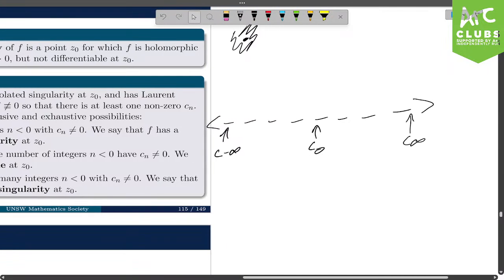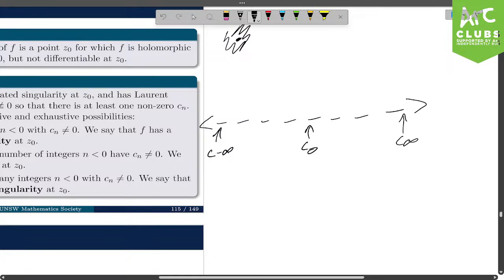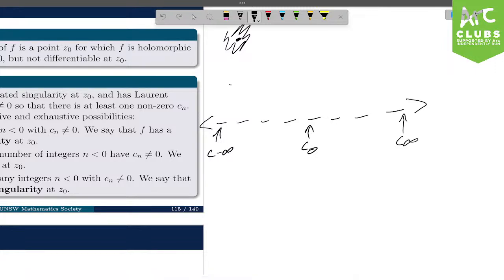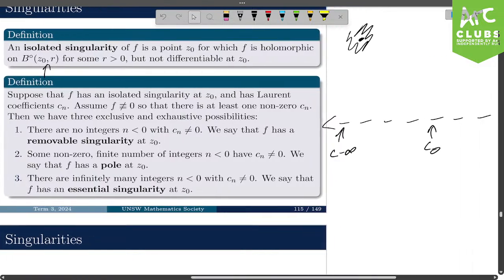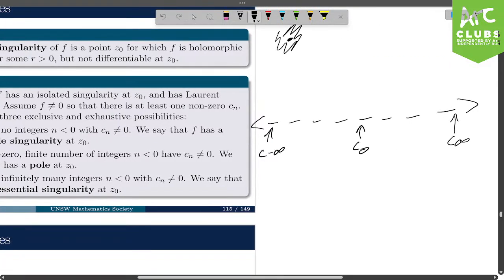So that's to say that, okay, whatever pole you were thinking about, it cancelled out. And so the limit there still exists. It's like having a function that just has a circle in it. It doesn't jump to extremes. It's very well behaved. So that's the first one. Second one, we say that there is a finite number.